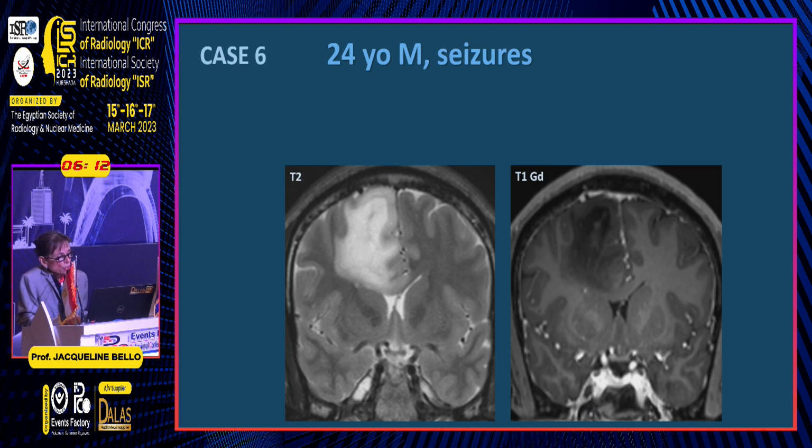We'll look at case 6 first. T2 imaging coronal shows the lesion with some gyral signal adjacent to it. Not a whole lot in the way of enhancement with T1 imaging post-contrast. Definitely mass effect on the frontal horn of the lateral ventricle.